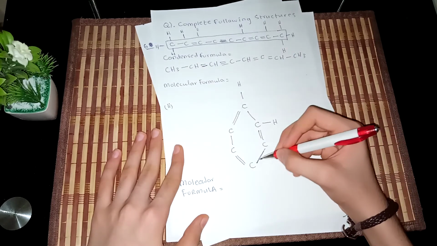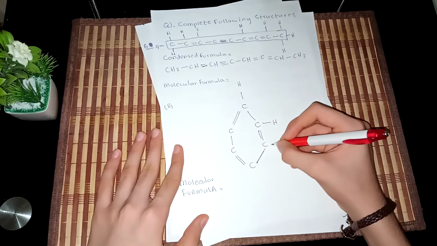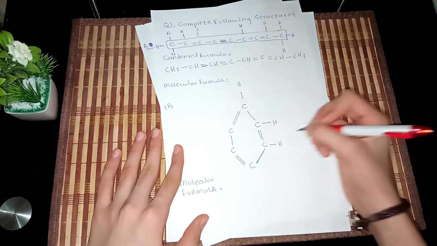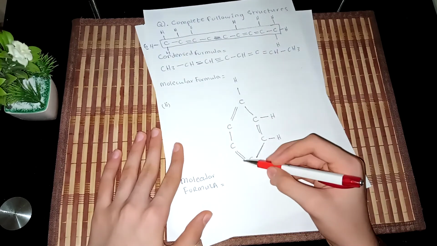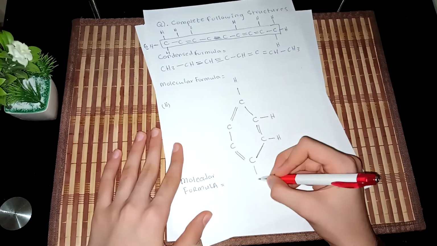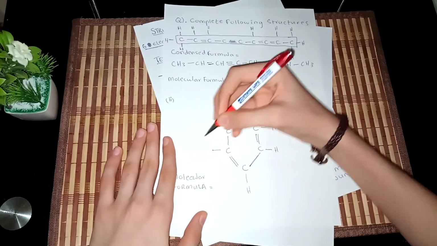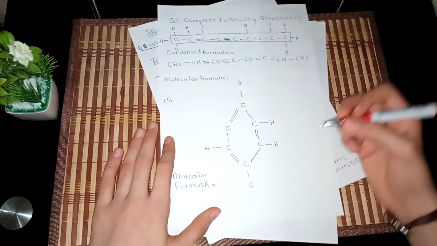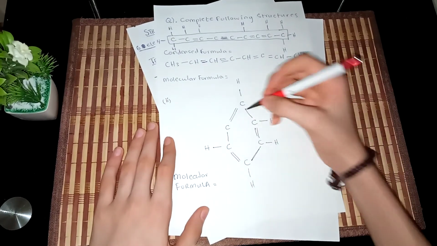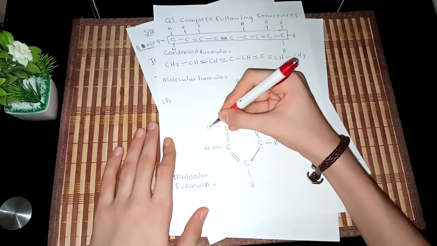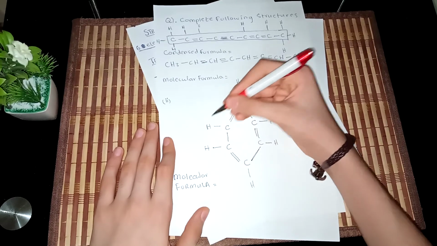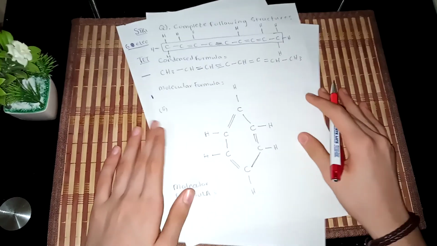This carbon has also made 3 bonds, so we'll also put a hydrogen here. This carbon has also made 3 bonds, we'll put a hydrogen here. This carbon also made 3 bonds, we will put a hydrogen here. This carbon has also made 3 bonds, we will put another hydrogen here. Simple and easy. If you understand it, it's not difficult.